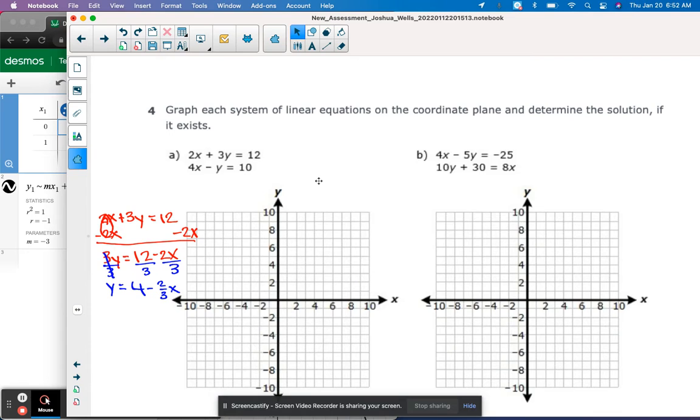The second equation we have is 4x minus y equals 10. So we start off by subtracting 4x. And we get negative y equals 10 minus 4x.